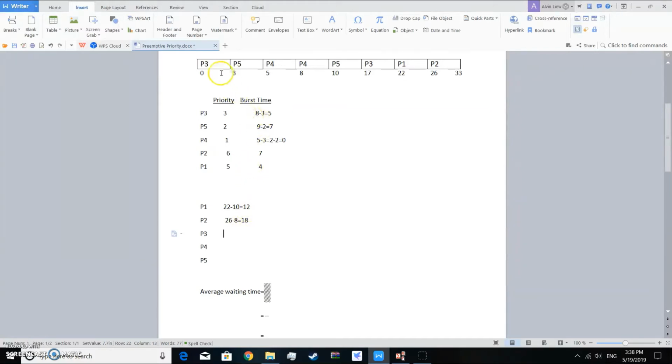And P3, we have 2 P3 here, here and here. First step, we pick this 0 and minus its arrival time, which is 0. 0 minus 0 plus 17 here and minus the one behind here.